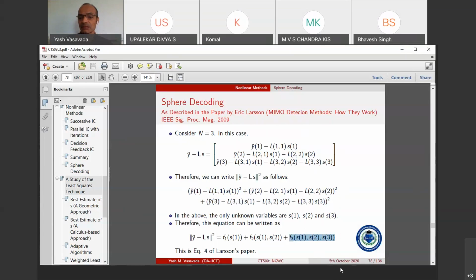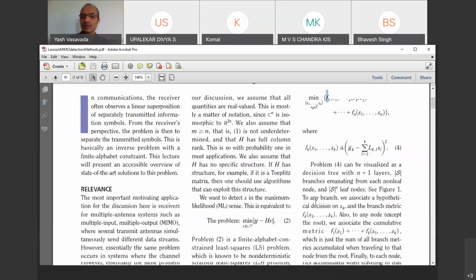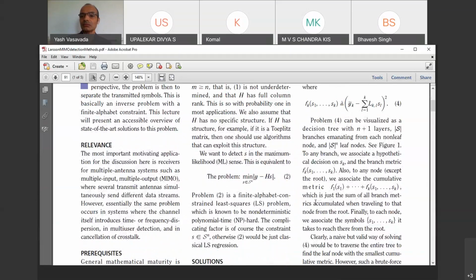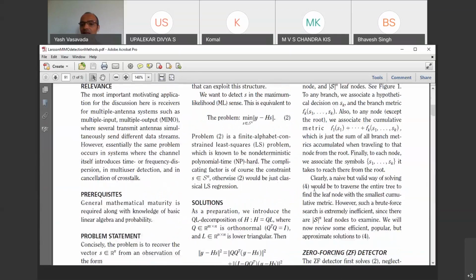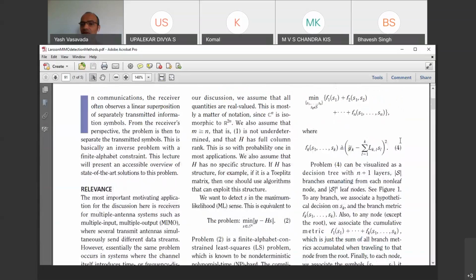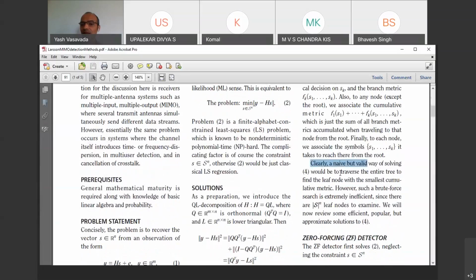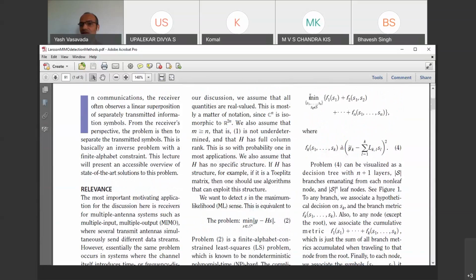Okay, so with that, now we will jump into Larsson's paper, and we will see the main idea behind sphere decoding. So obviously, a simple way, which is a valid way of solving this equation 4, is to enumerate all possible values of S and then take the one which gives the smallest value of this summation.